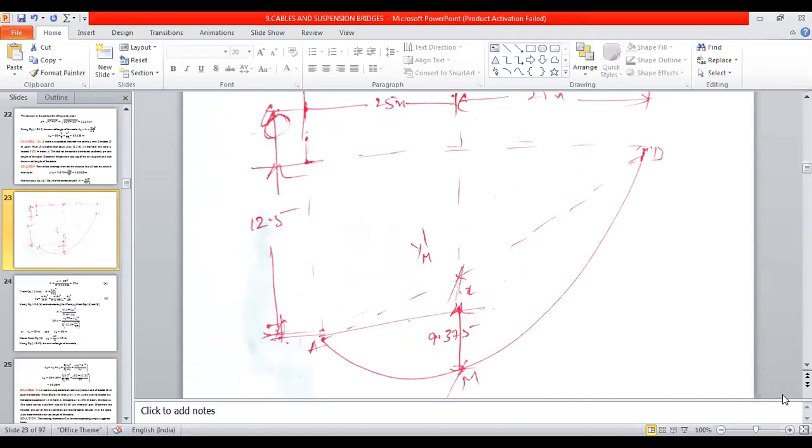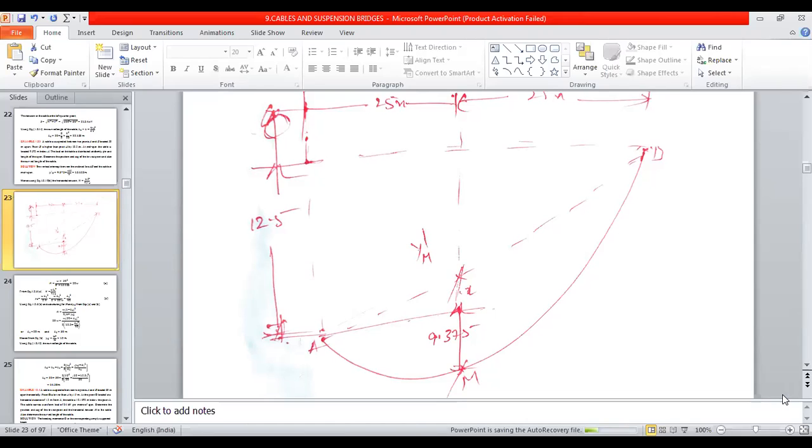Yes, sir. Yeah. So aerial ropeways and unstiffened suspension bridges are cables without stiffening girders. Some aerial ropeways are used without stiffening girders. How to analyze that one? That means the cables without stiffness are known as unstiffened.